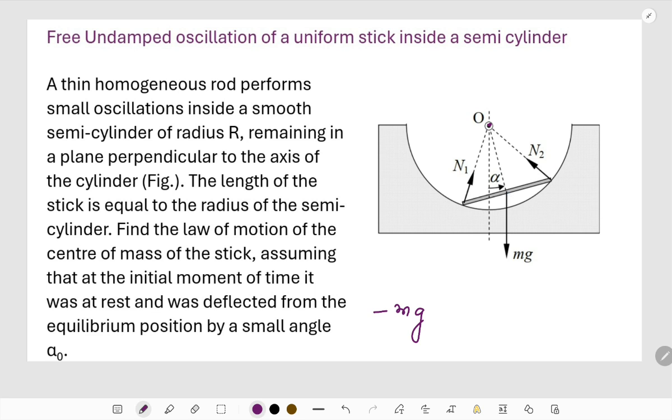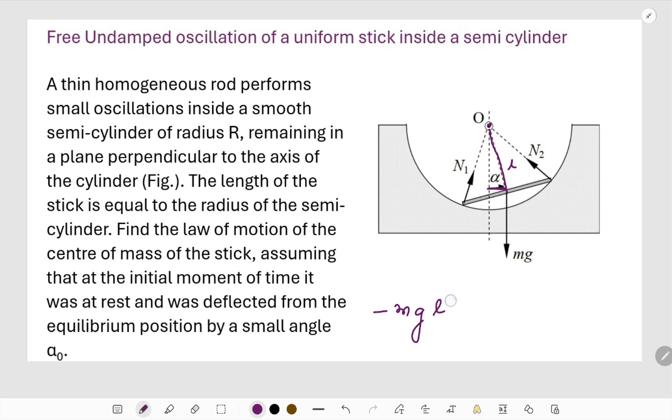L is the distance from the axis of rotation to the center of mass of the stick, that is this length. So I can write the moment arm of the mg as L sine alpha.